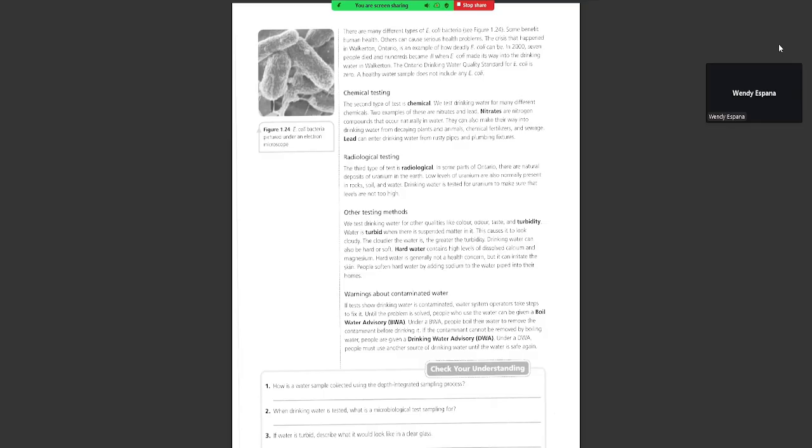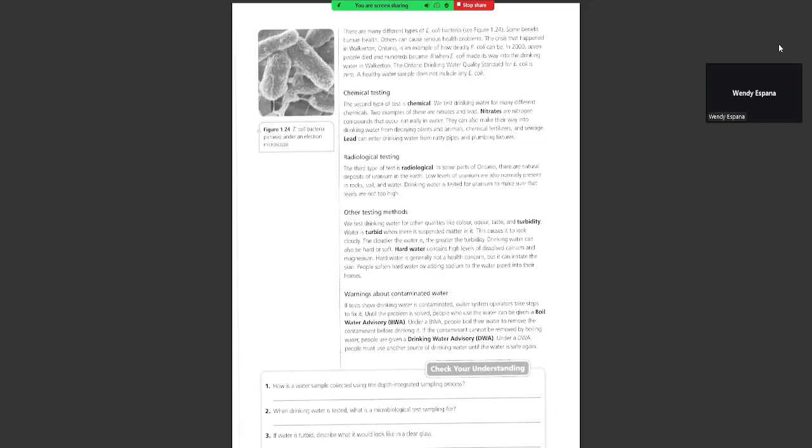If you're under a boil water advisory, it means that you have to boil your water before you're able to use it for drinking water or maybe brushing your teeth or anything like that. You can use it for showers. Sometimes people use it for cooking, but you have to be careful. You could shower in it, you could bathe in it. However, you have to be careful that you don't get water in your mouth, because that's just like drinking it and can cause a lot of issues.